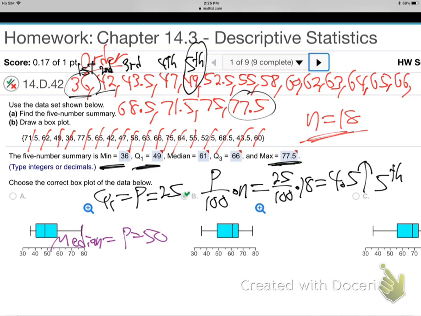I got it. So, P over 100 times N, 50 over 100 times N is 18. I'm getting 9. I'll let you finish that.